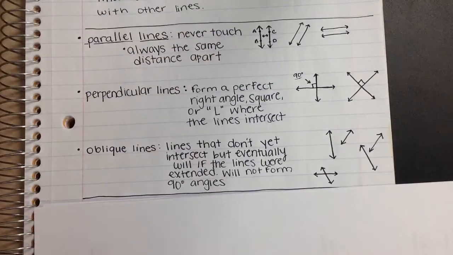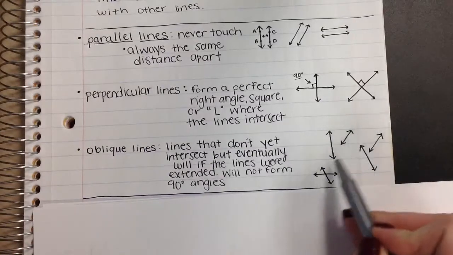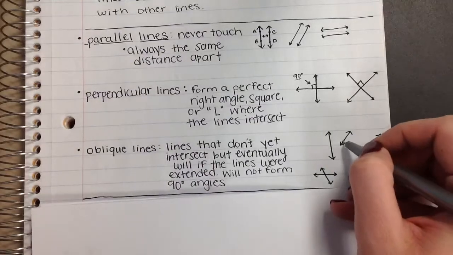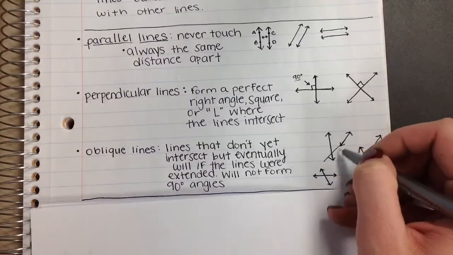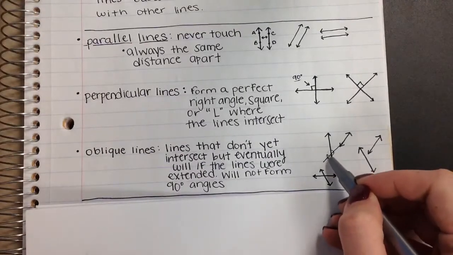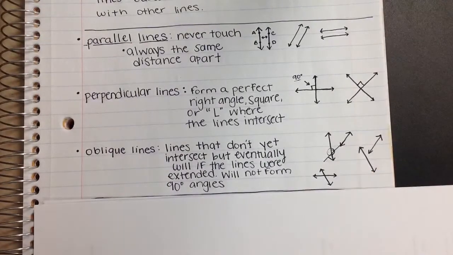Okay, oblique lines are lines that don't yet intersect, but eventually will if the lines were to be extended. They will not form 90-degree angles. So they may be lines that are already touching and don't form 90-degree angles, or they're lines that, when they're drawn, don't look like they're touching yet, but if I were to stretch this line out, it would eventually cross paths with the other line, and it does not form a 90-degree angle.